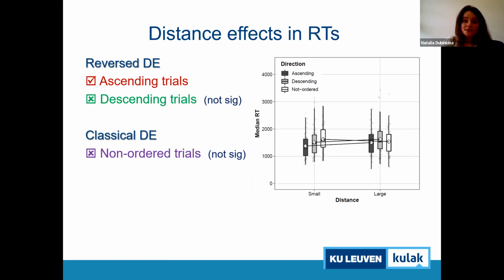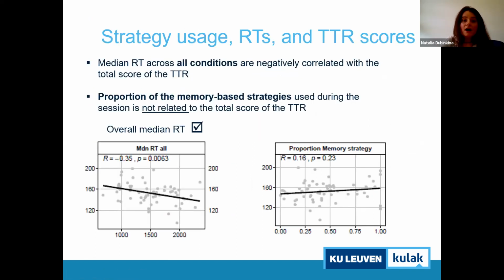We also looked into reaction time effects to see whether this experiment replicates this behavioral signature, and we did find a reversed effect for ascending trials, the reverse distance effect. For non-ordered trials, it was in the right direction, but it wasn't significant, probably due to the small number of trials or to the modified methodology that we applied.